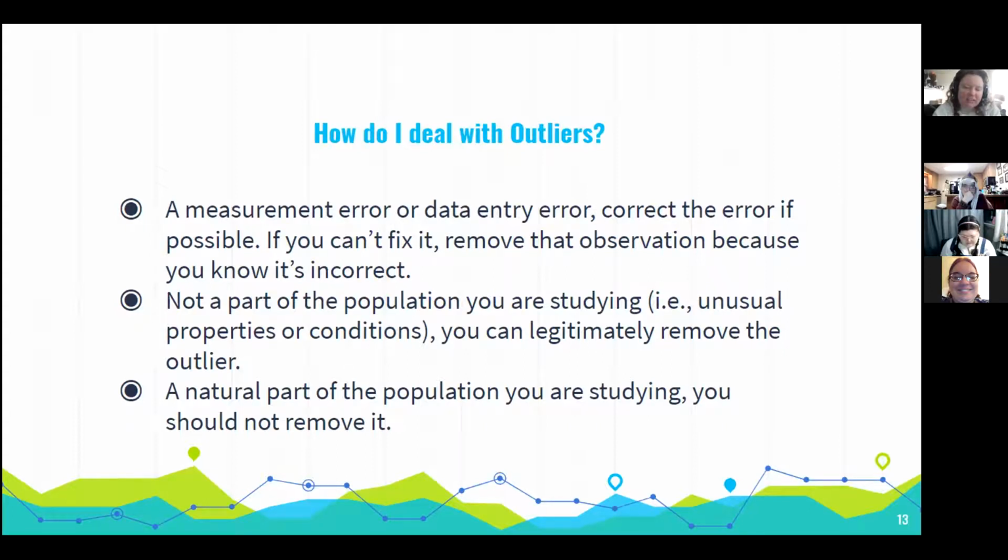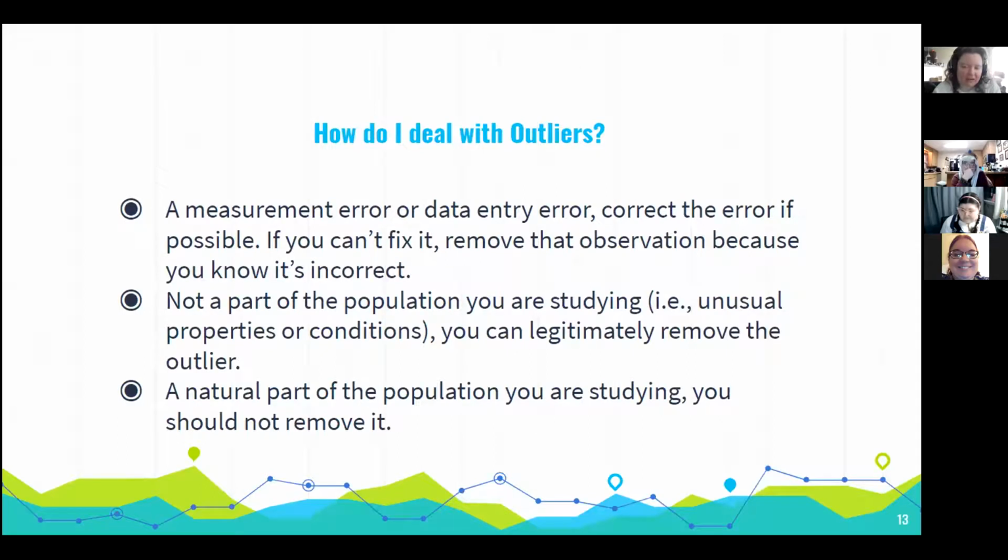A second thing to look at is, is it a part of the population you are studying? If there's unusual properties or conditions, you can legitimately remove the outlier. For example, if you are doing a survey on how long it takes someone from the point they are belted to the point that they are elevated, and one of the survey answers is from someone who's not even in the SCA, and they put like, it took me 35 years to be elevated, but that person isn't in the SCA, you can legitimately remove that outlier.